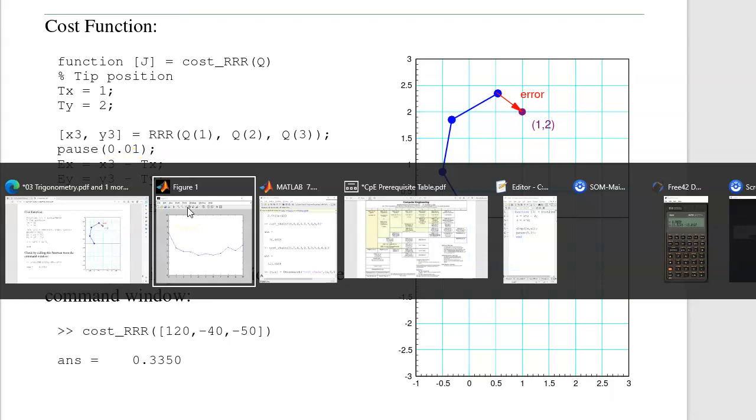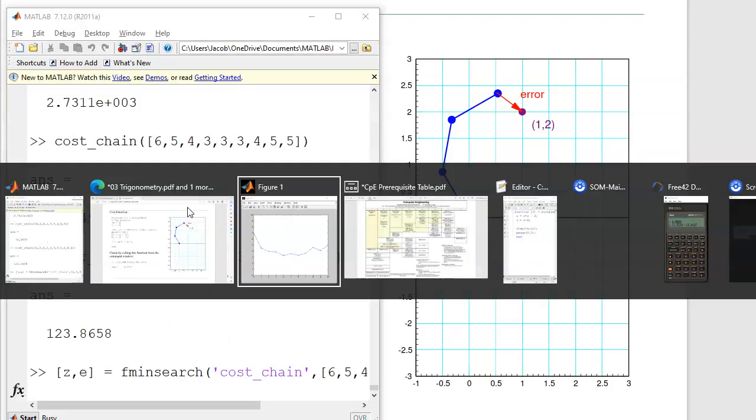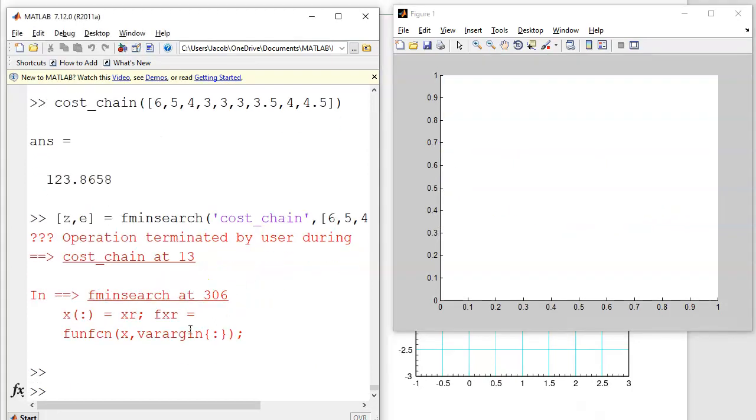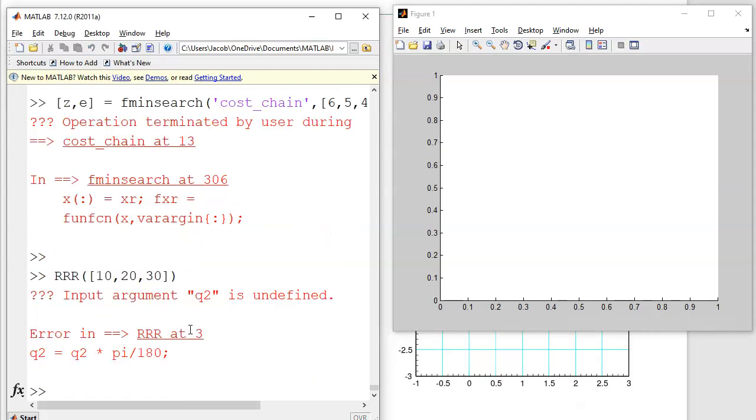So, it's still running, Control C. Okay. Here's the RRR program that we wrote before.